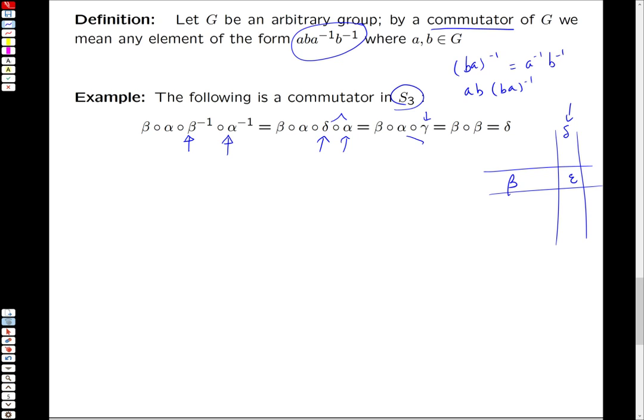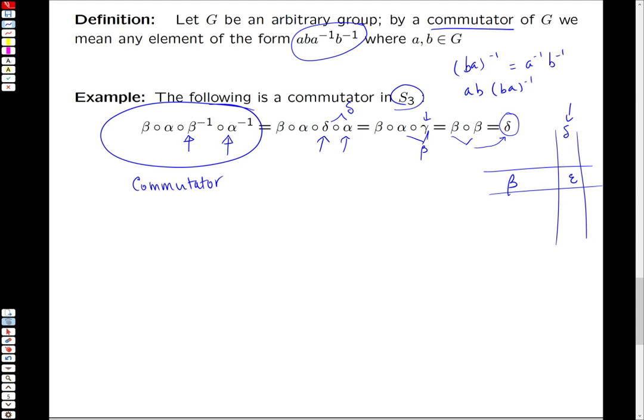Now we have to evaluate alpha gamma. Alpha. So that gives us beta. And then we do beta, beta, delta. So there is the answer to our commutator. Okay, the commutator is this right here.